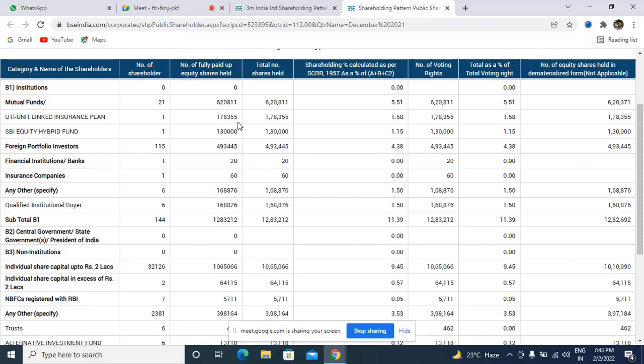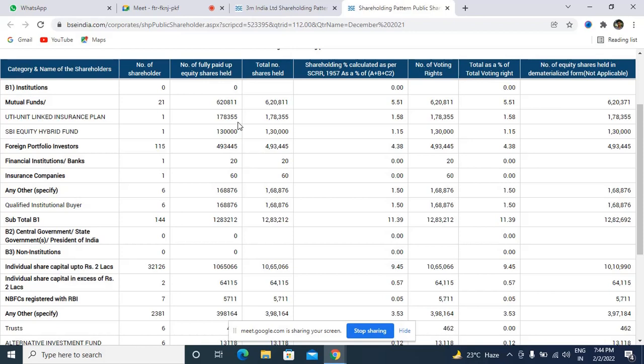0.51 plus 1.58 plus 1.15 plus 4.38 plus 1.5 plus 1.5. So this is this much.